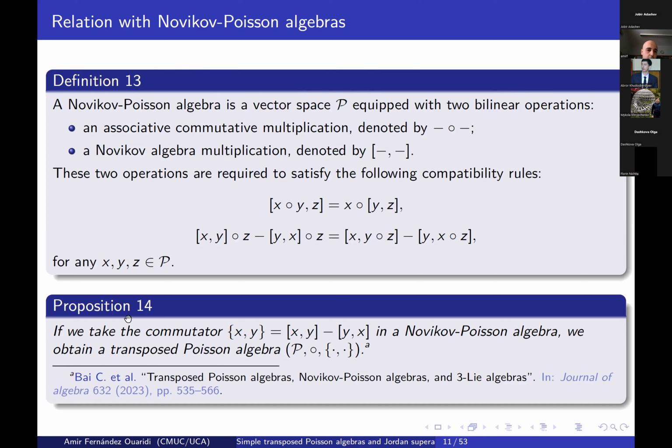Okay. Then, what was proved by Bai and three other authors was that if we take the commutator of the Novikov part in a Novikov-Poisson algebra, we obtain a transposed Poisson algebra.